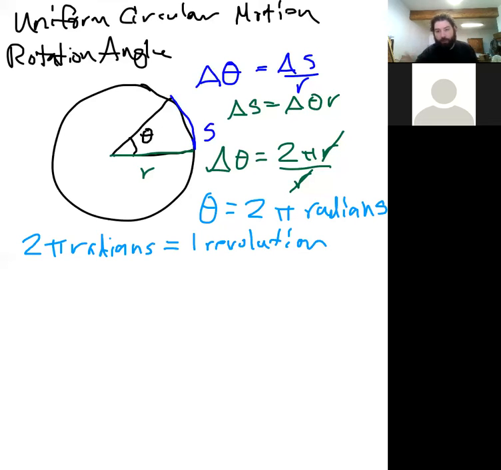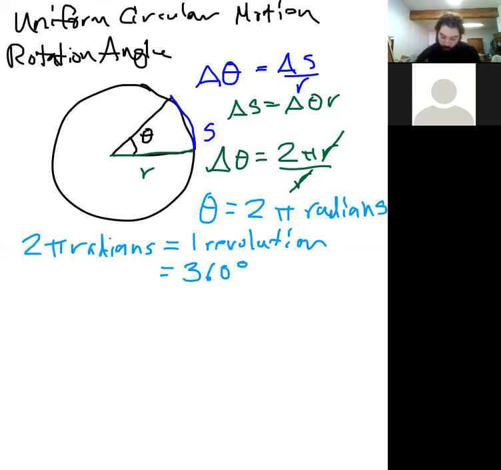When you say revolutions per minute and radians per second, I'll get to that when I get to angular velocity after this. But this is important to remember for this rotation. And if you do it in degrees, it's also equal to 360 degrees.